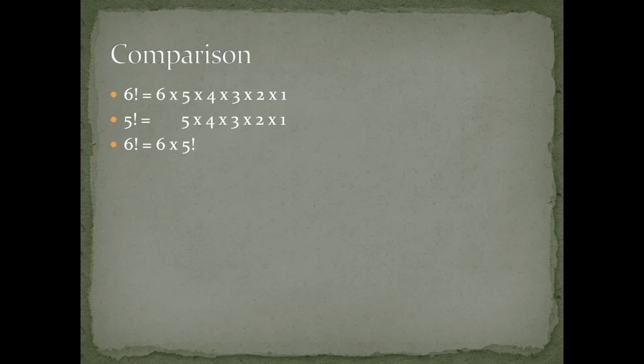Well, clearly 6 factorial contains all the same values that 5 factorial contains, but that's multiplied 6 times more. If you look at the end of the equations, these parts are identical. So with that in mind, we can actually rewrite our definition of what a factorial is: n factorial is equal to n times n minus 1 factorial.